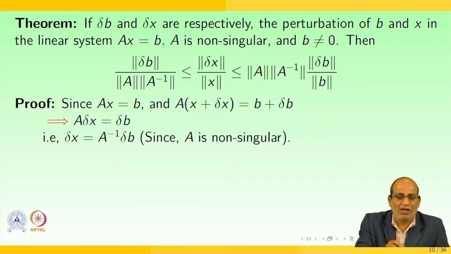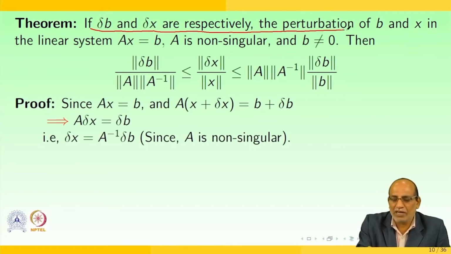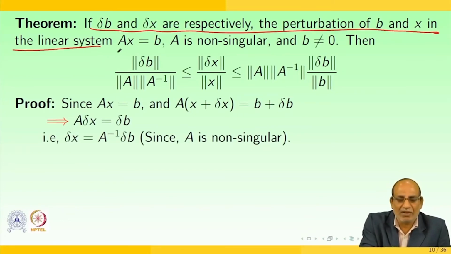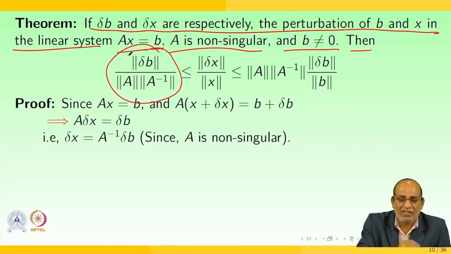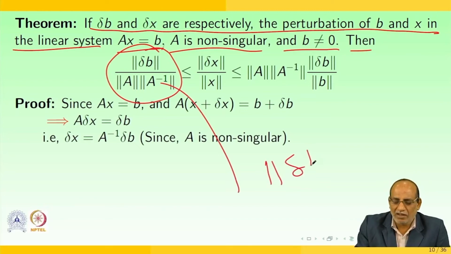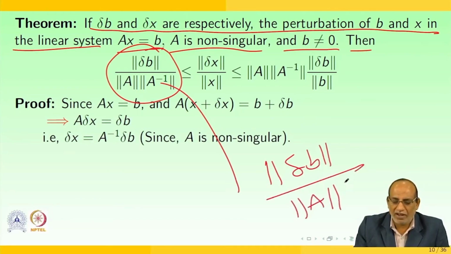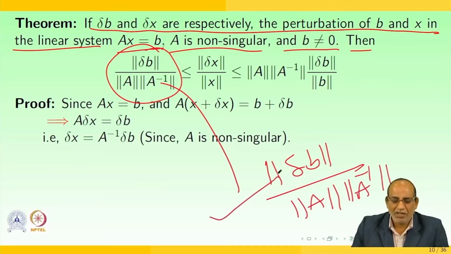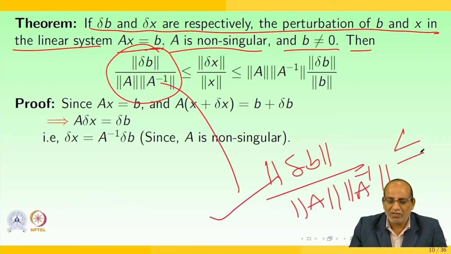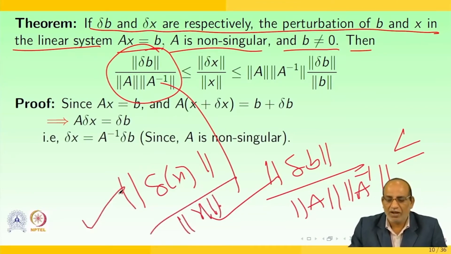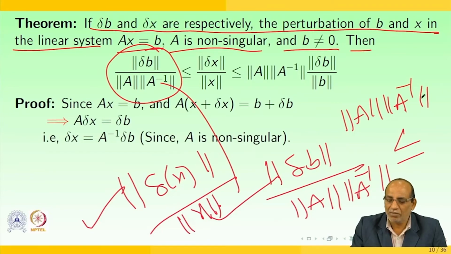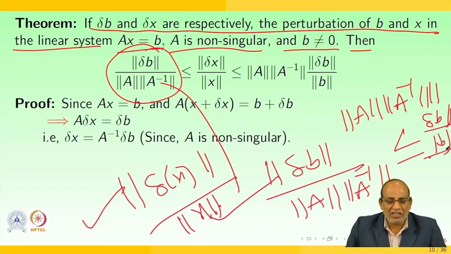This theorem says: if delta B and delta x are respectively the perturbations of B and x in the linear system Ax equal to B, where A is non-singular and B is not equal to 0, then the norm of delta B upon norm of A inverse is less than or equal to norm of delta x upon norm of x, which is less than or equal to norm of A times norm of A inverse multiplied by norm of delta B upon norm of B. So this is a very interesting theorem.